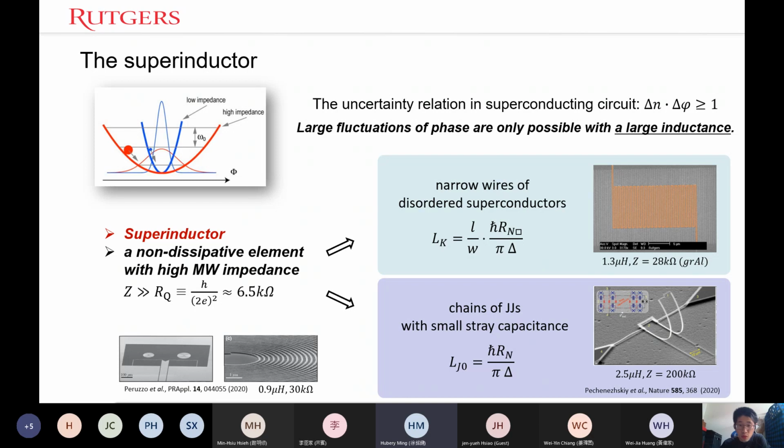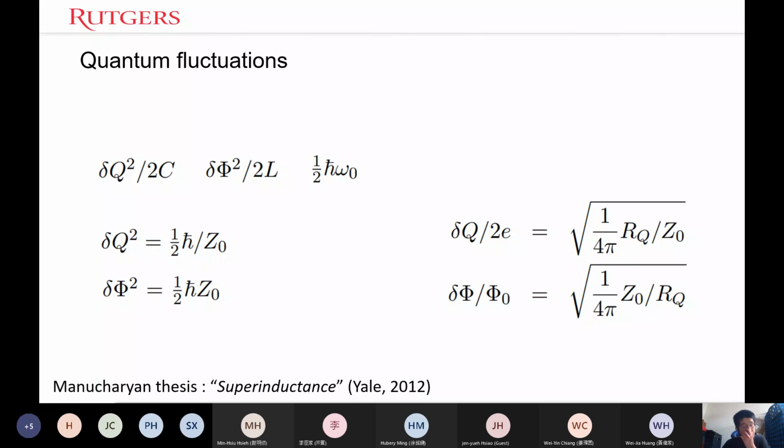Just a few quick equations that will help. I quickly got this from Professor Moricher's thesis back in 2012.